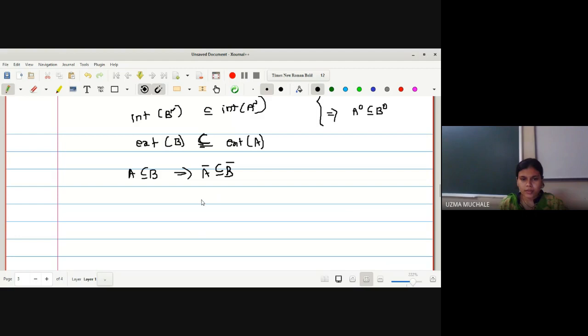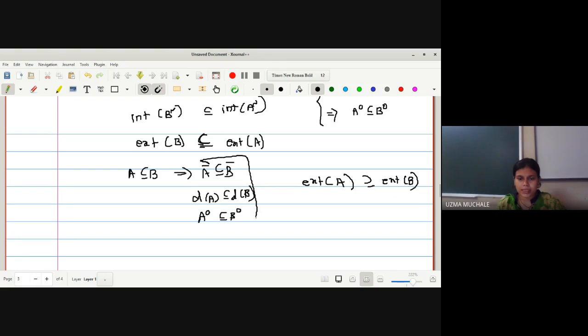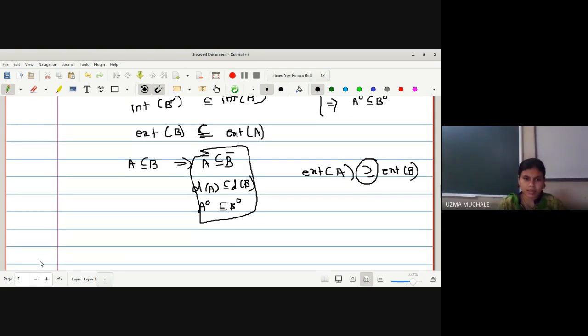Then we have found the derived set of A is a subset of the derived set of B. And then we have found A interior is a subset of B interior. But in the comparison, if you want to do a study, we have to write it as exterior of A is bigger now. It has become the opposite here. Up to now the subset relation is carried, but in this case the subset relation will become the superset.